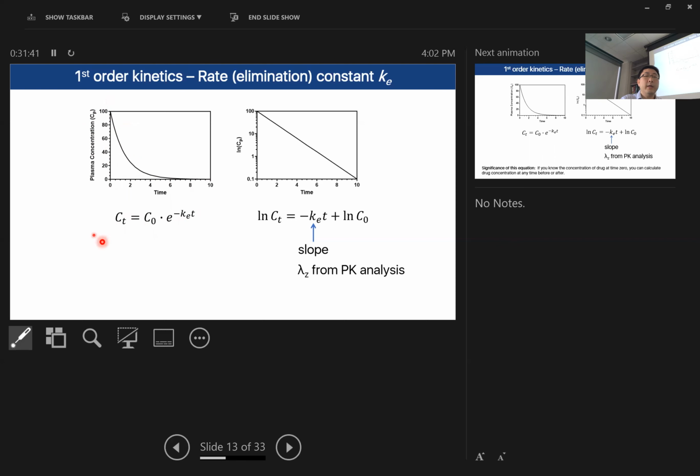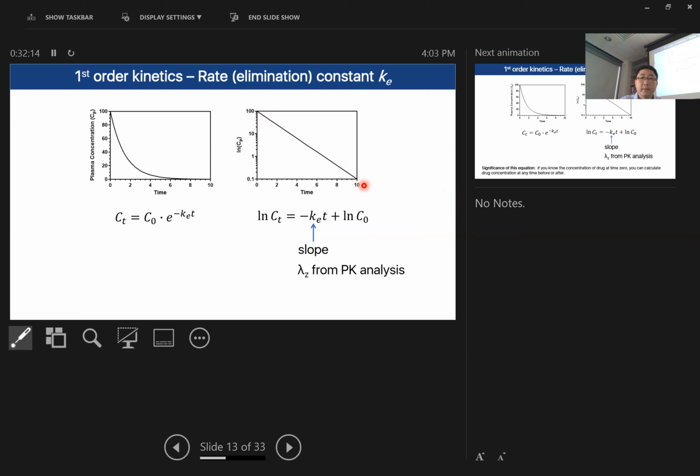And if you take a natural log on both sides, that'll be natural log Ct equals natural log C0 minus KE t. So we call this a semi-log plot. If you take the natural log on the y-axis, and time is still linear scale, what you get is a straight line for first order kinetics.